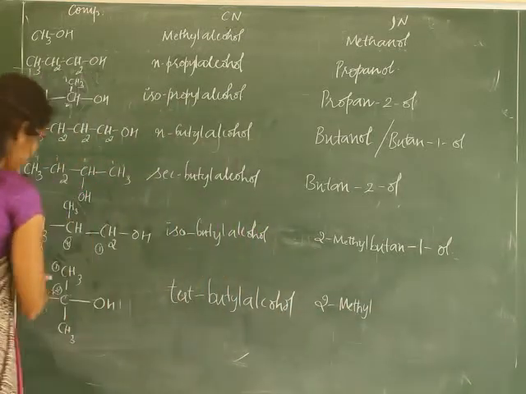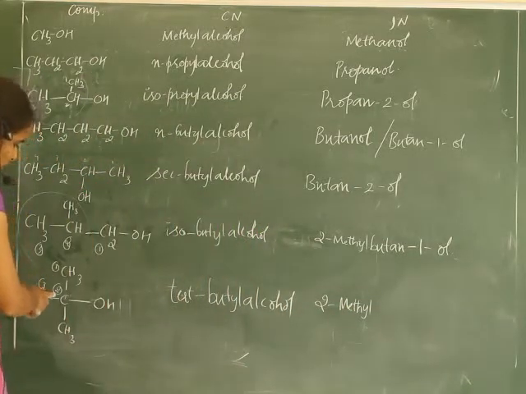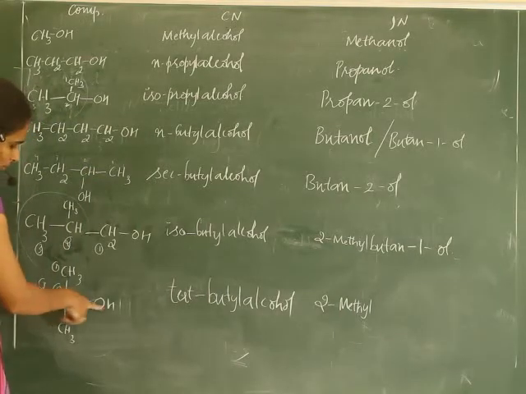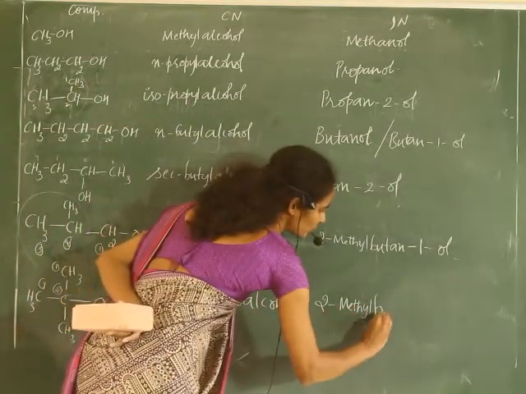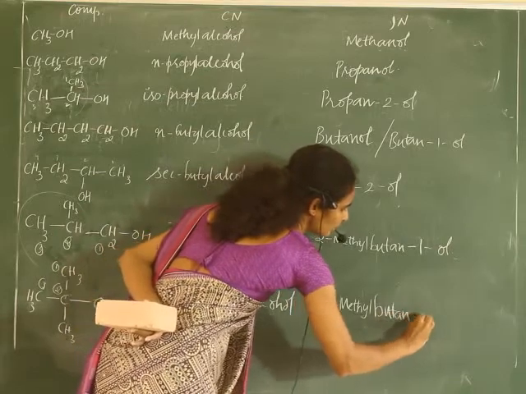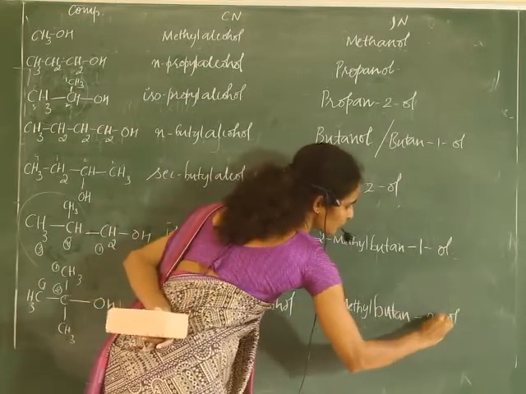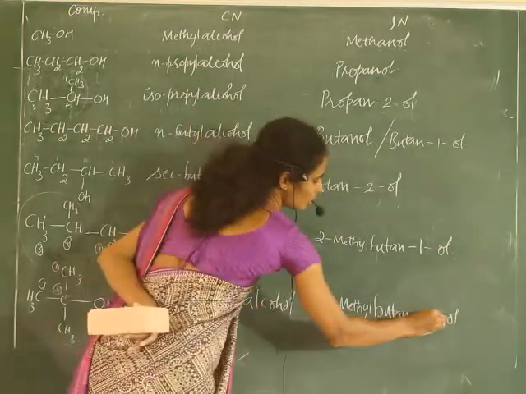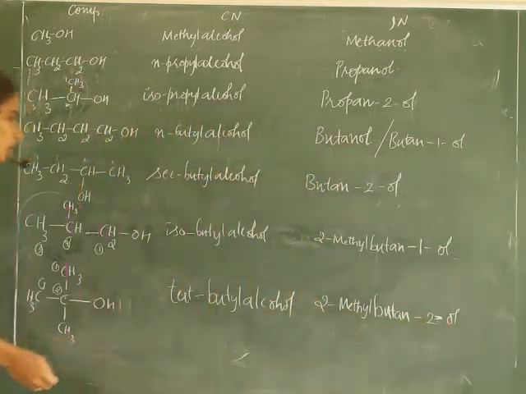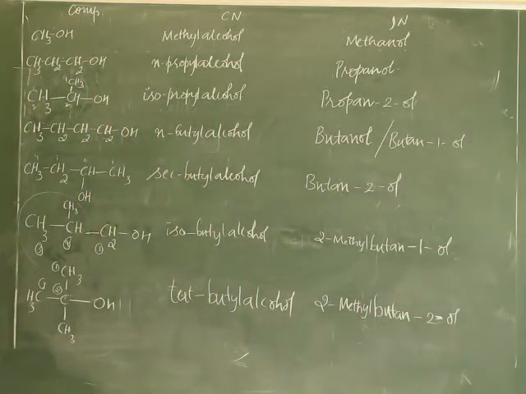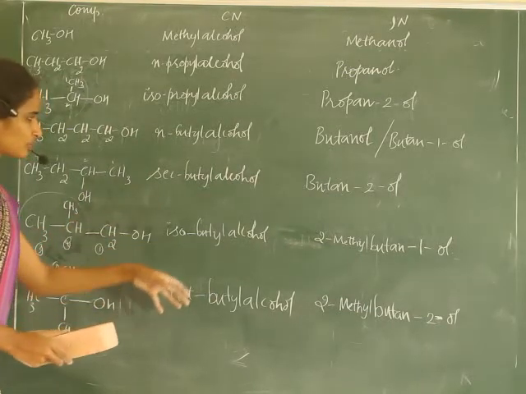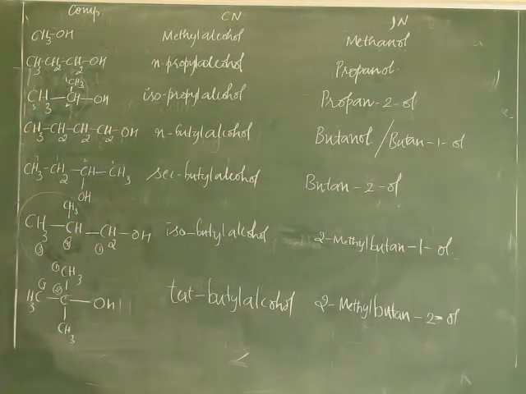See, at 1, 2, 3, 2-methylpropane. At the second position, OH is there, right? 2-methylpropan-2-ol is the IUPAC name of this compound. See, all 4 compounds contain 4 carbon atoms, but these all are different compounds. That was about nomenclature of tertiary compound.